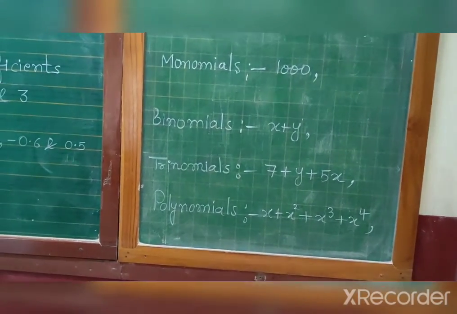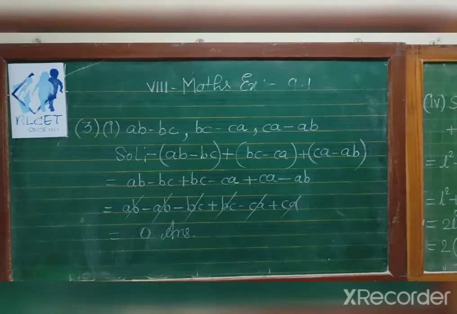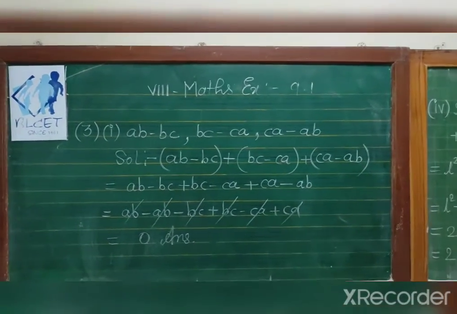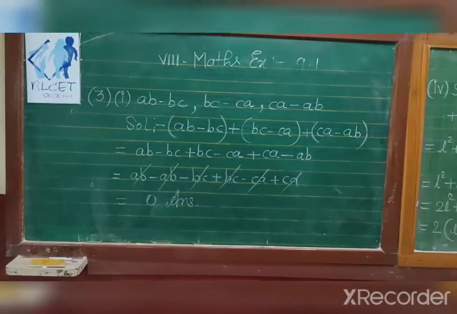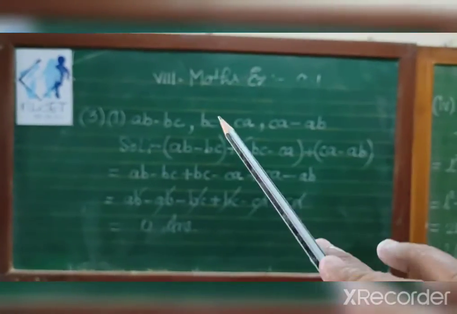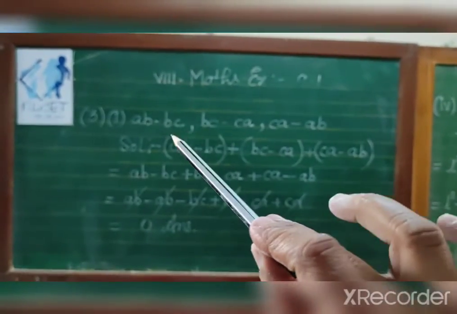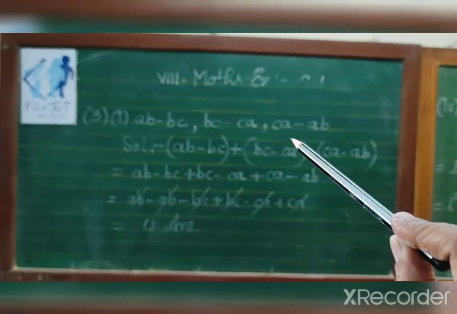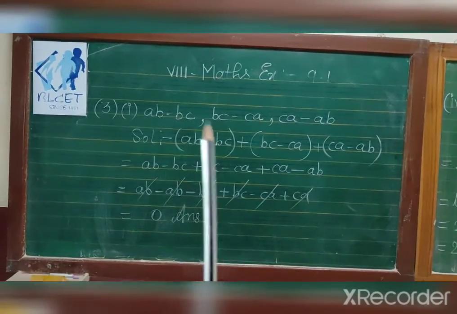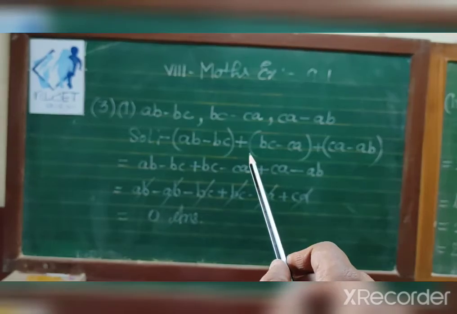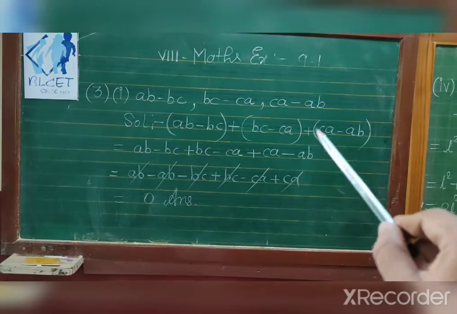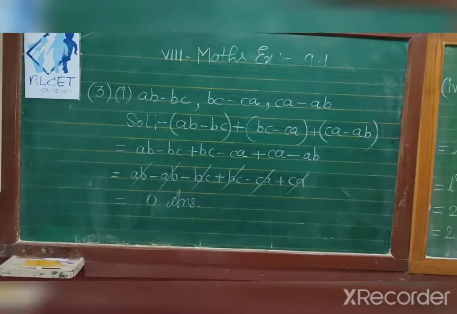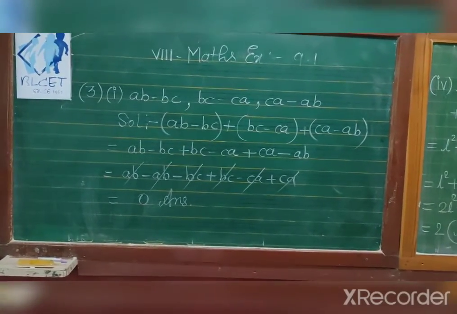Okay, in the third question we have to add the polynomials. In the first sub-question of question number 3, you can see binomials: AB minus BC, BC minus CA, CA minus AB. First we put the addition sign and open the bracket.